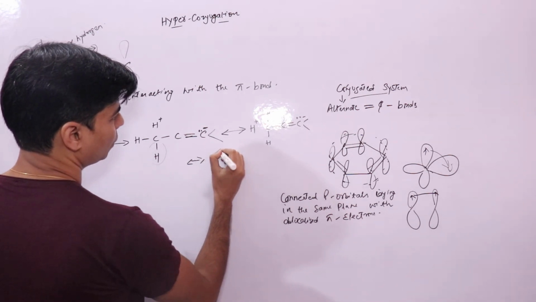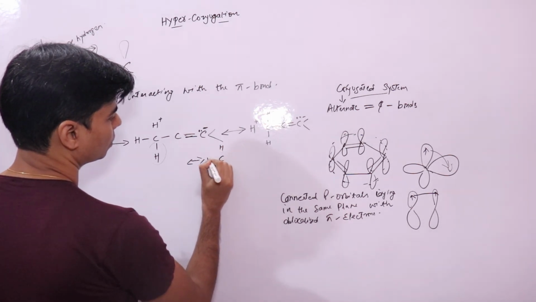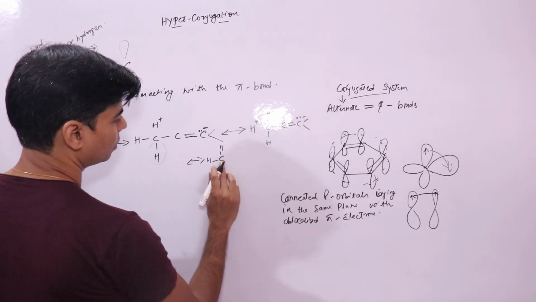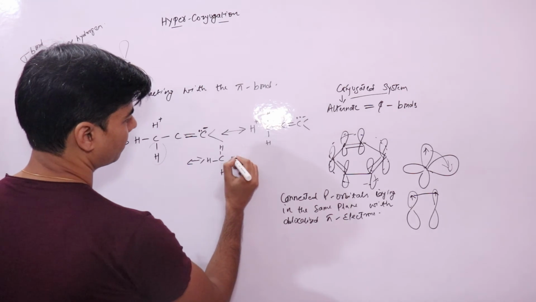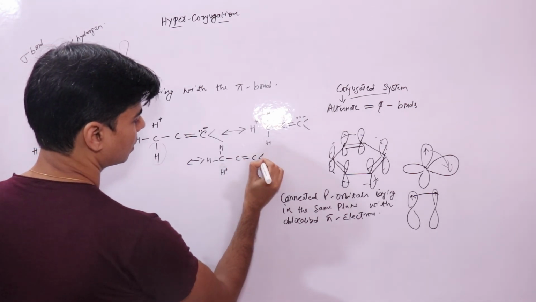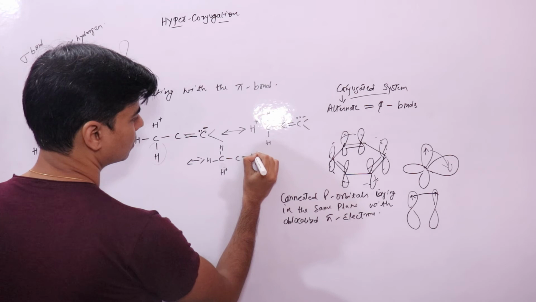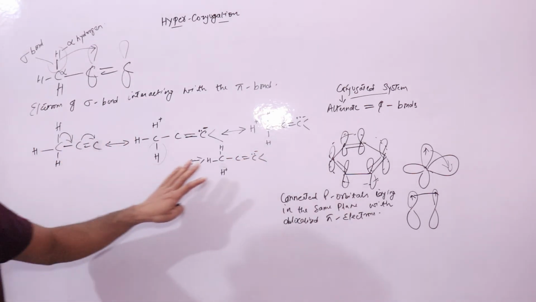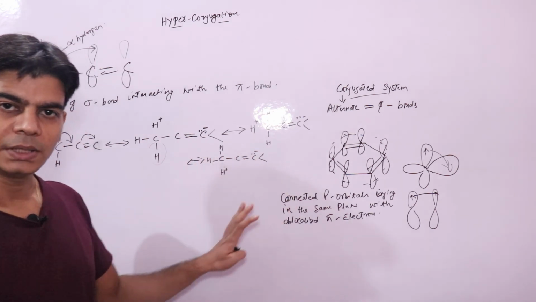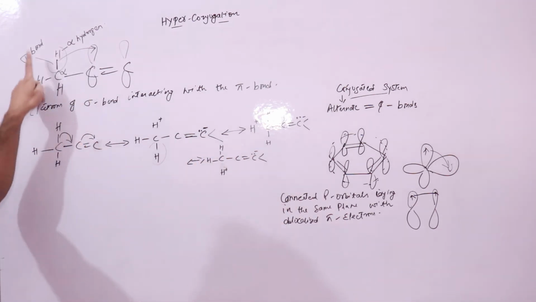Even this can move. So these are the structures that result from hyperconjugation.